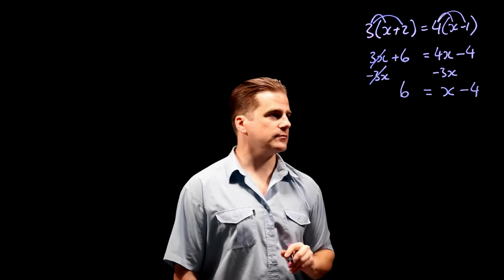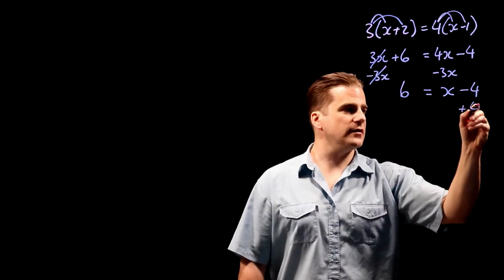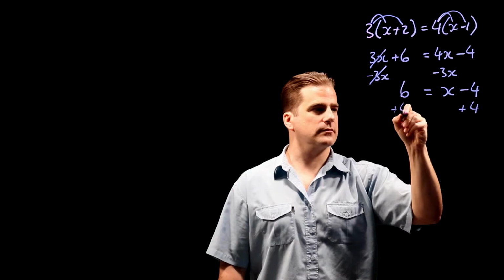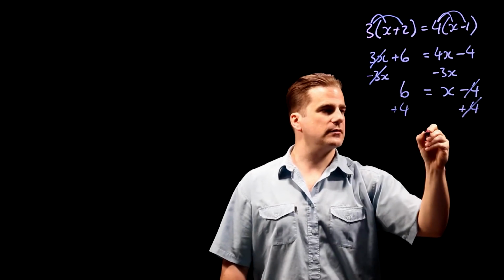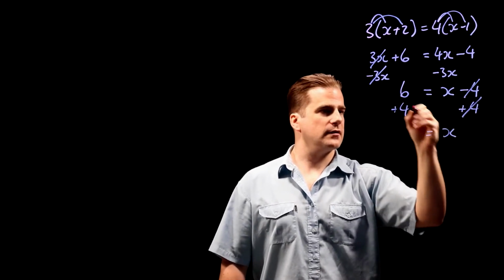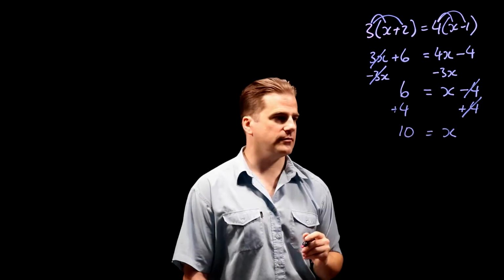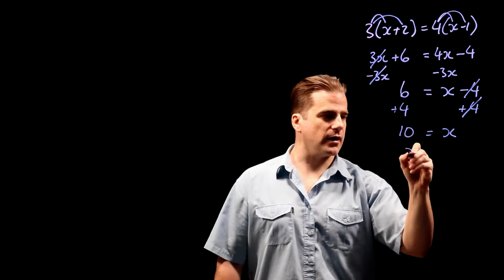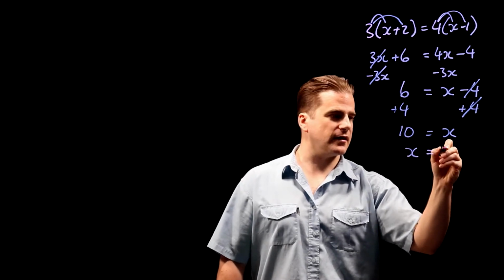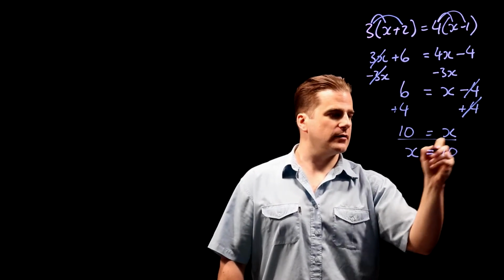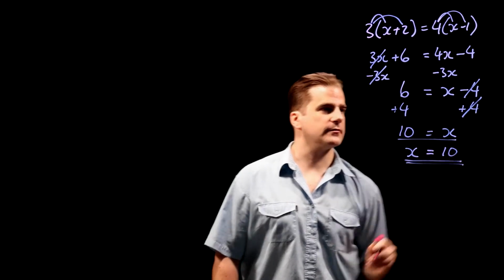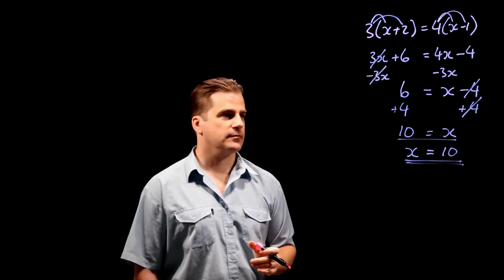Okay, add 4 to both sides. Minus 4 plus 4, 6 plus 4 is 10. There you go, x equals 10. Doesn't matter which way round you write it, so that's the same as that. There you go. No problems.